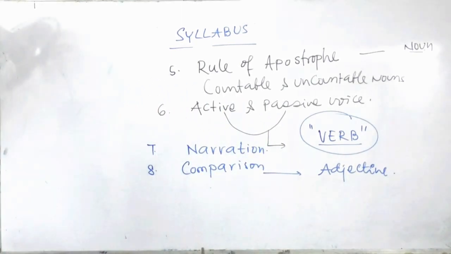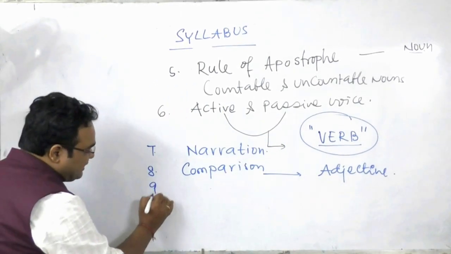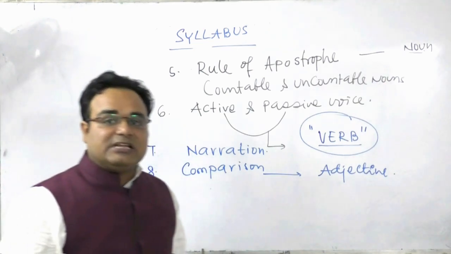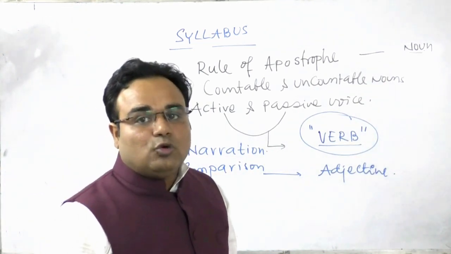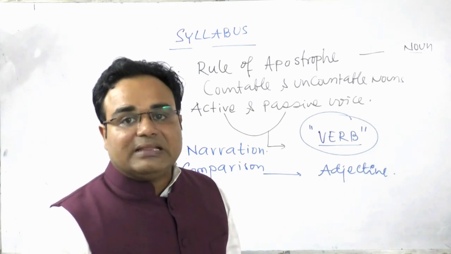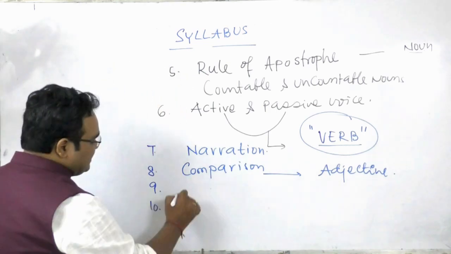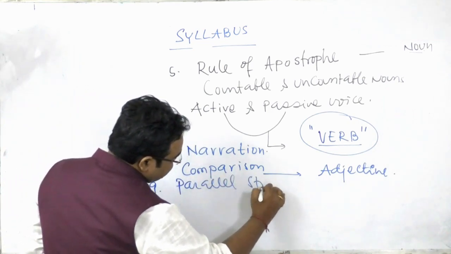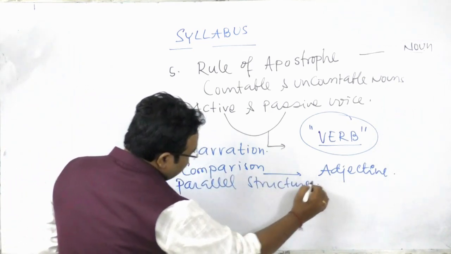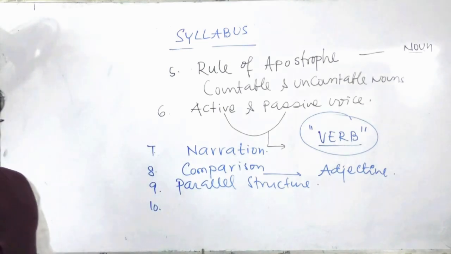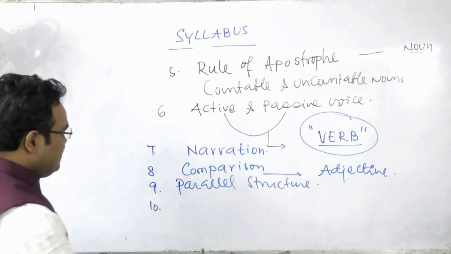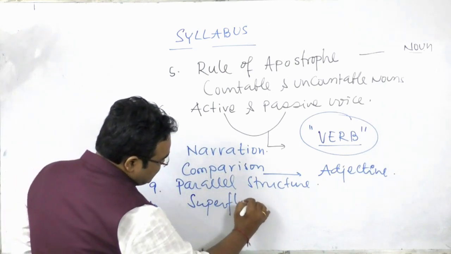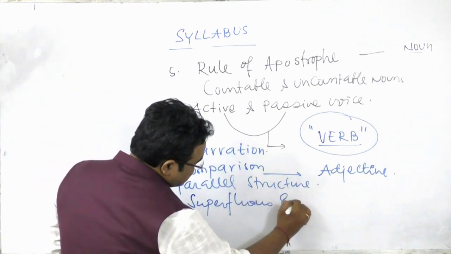Other than that, there are two items which are newly introduced in the syllabus. They are the rule of parallelism, that is parallel structure, which is number 9, and number 10 is superfluous expressions.